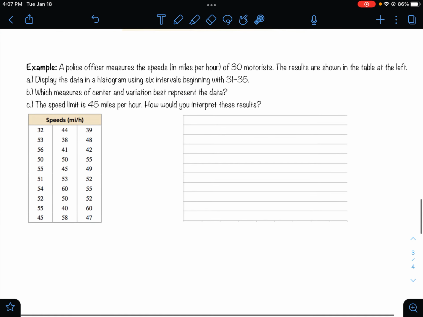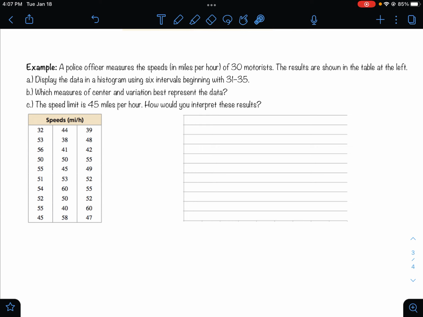In this last example, a police officer is targeting 30 motorists and collecting their speeds, and he recorded all the speeds in this table over here.